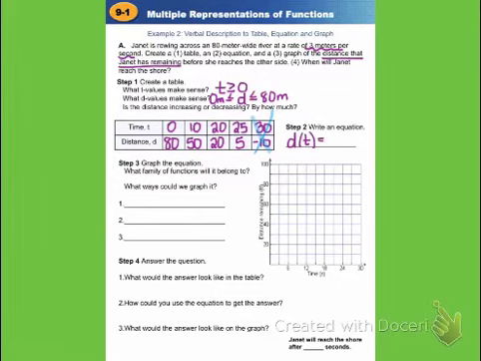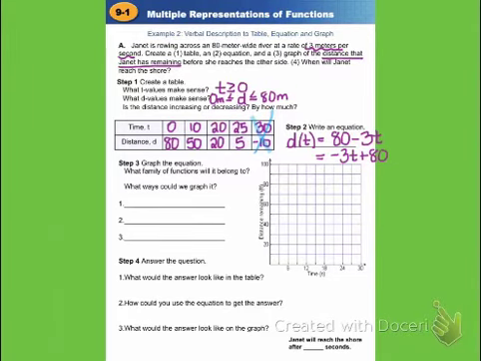She had 80 meters to go at the start, and that distance was going down by 3 meters every second, so we could say negative 3t plus 80.